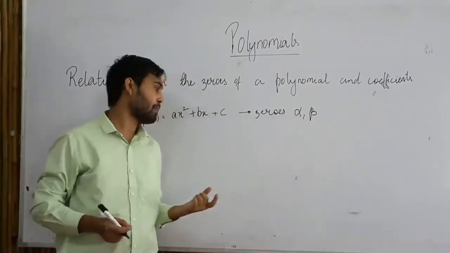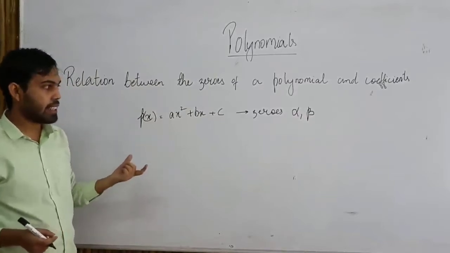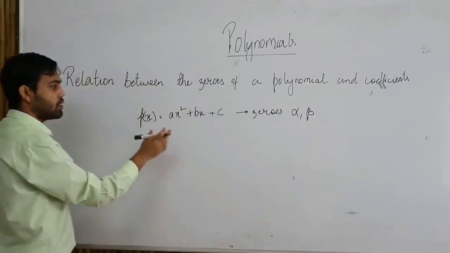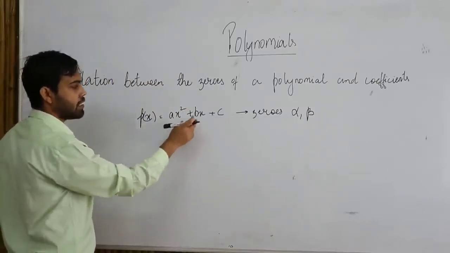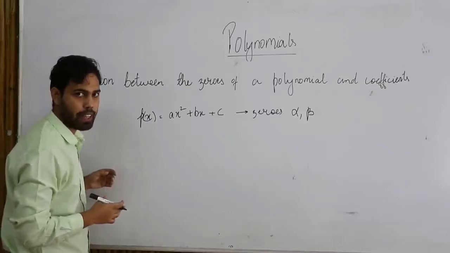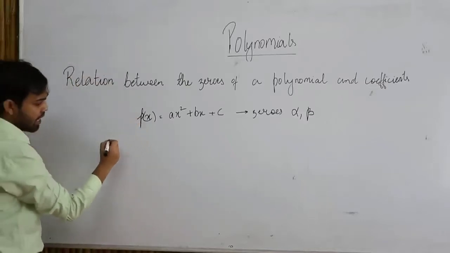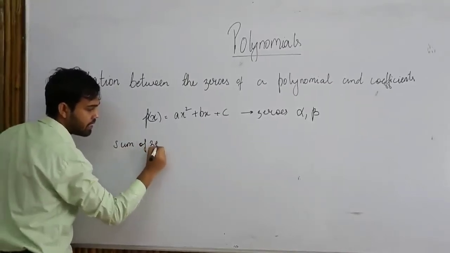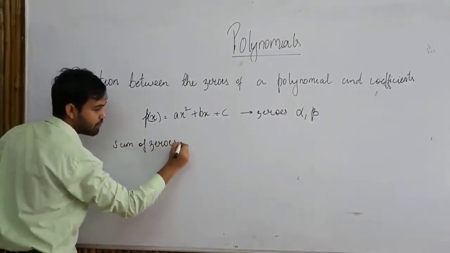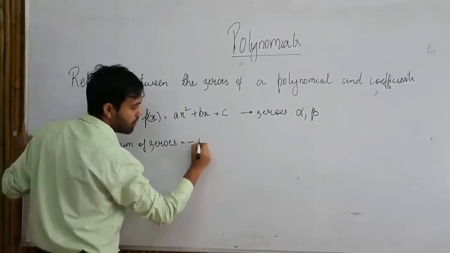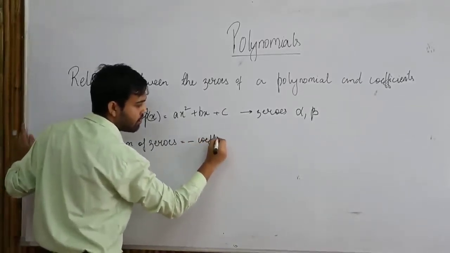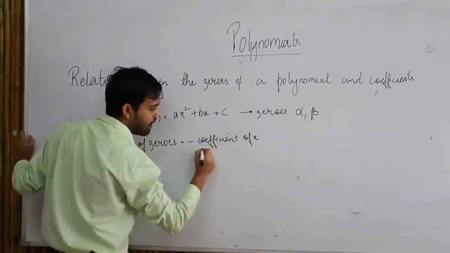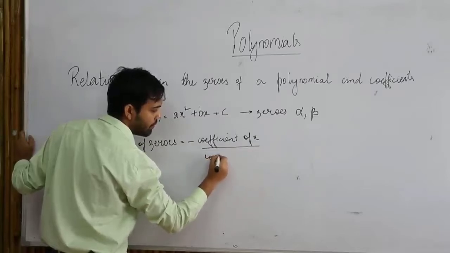Now the relation says like this: the sum of the zeros is equal to minus the coefficient of x by the coefficient of x squared.